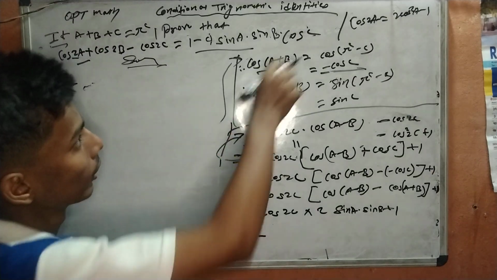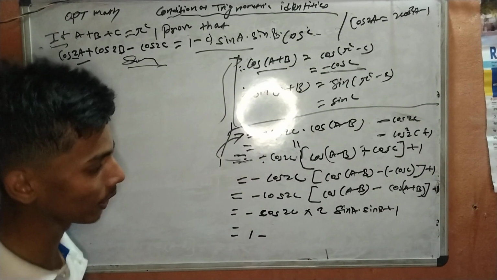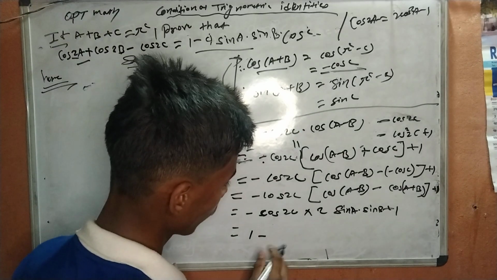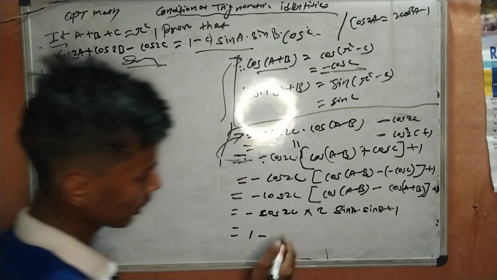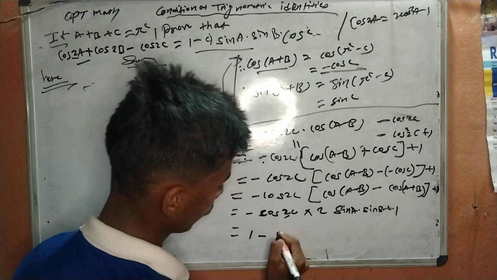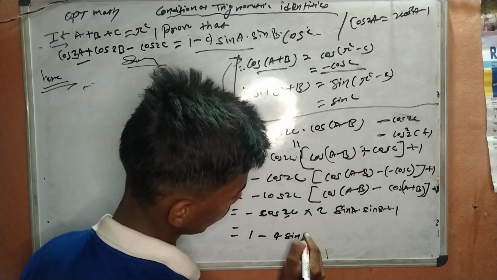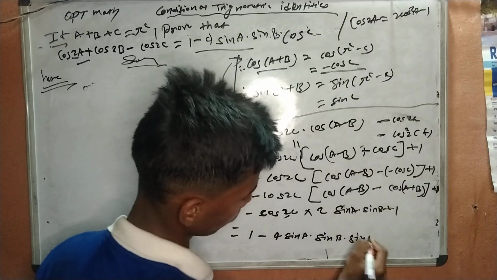Sorry my friend, here the question was a mistake. Here will be cos C, not sin C. Okay, so 1 minus, here is 2C. 1 minus, this 2 will come to the front side, then it will multiply with this, then 4 sin A into sin B sin C. Proved.